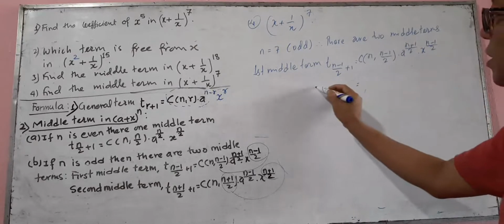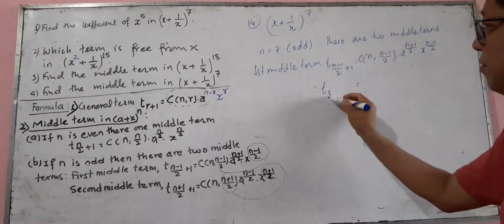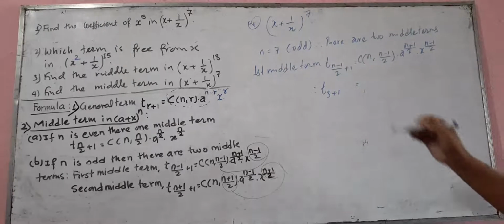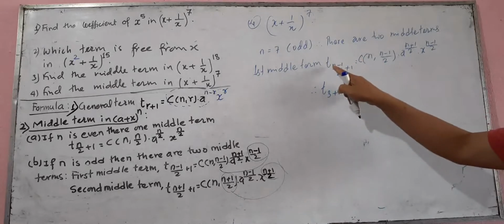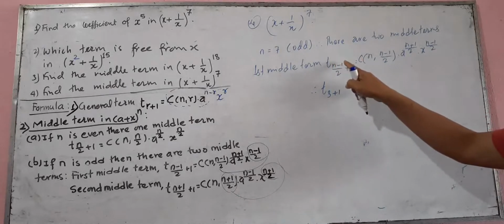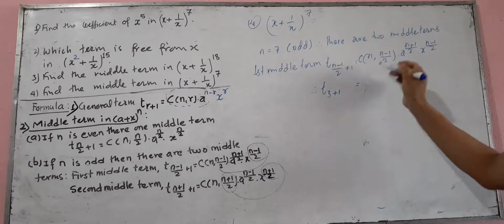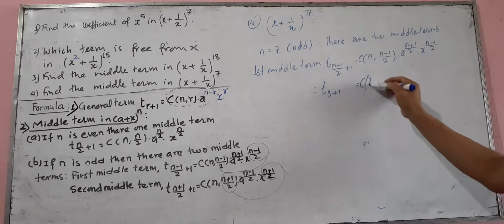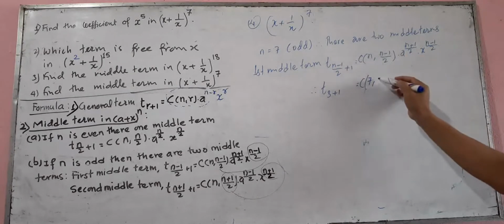So now putting n equal to 7 and simplifying these terms, we get 7 minus 1, 6 divided by 2 is 3, and C(7, 3).